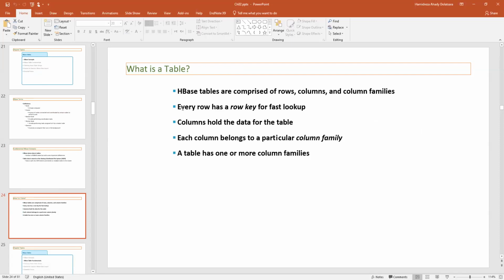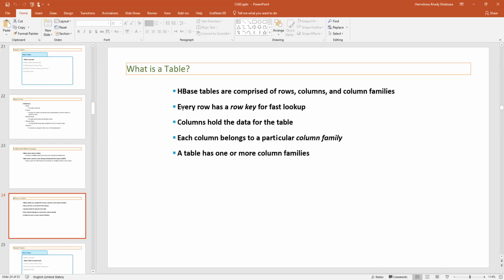One of the interesting things in HBase is that on top of rows and columns, you have column families. Let's say you have an identification family, which could be your first name, father's name, mother's name.